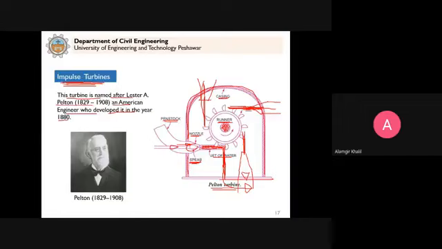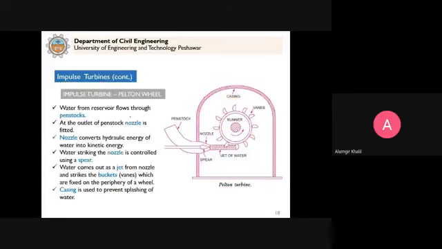The very classical example of impulse turbine that is discussed in every book is the Pelton wheel or Pelton turbine. He was a mining engineer who developed this. That's why it is known as the Pelton wheel or Pelton turbine.